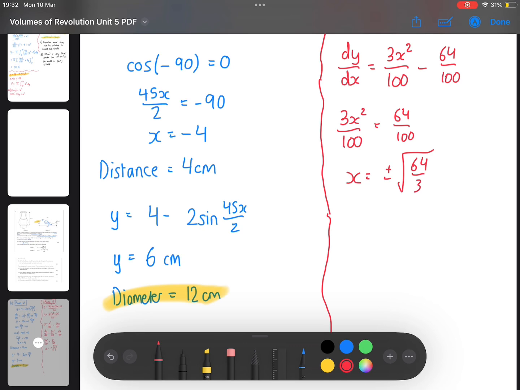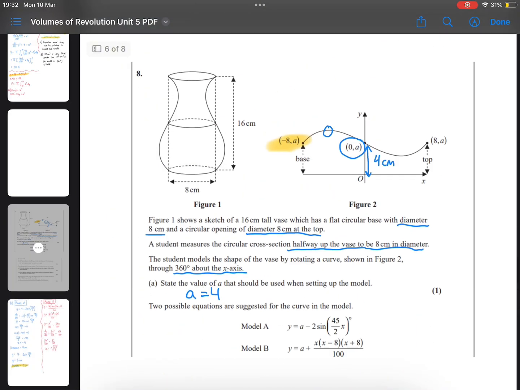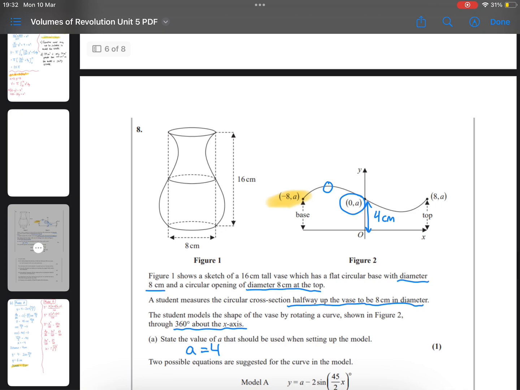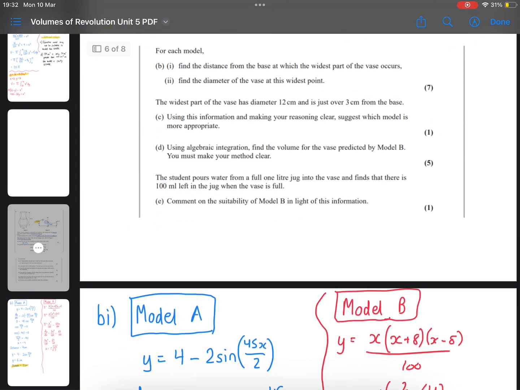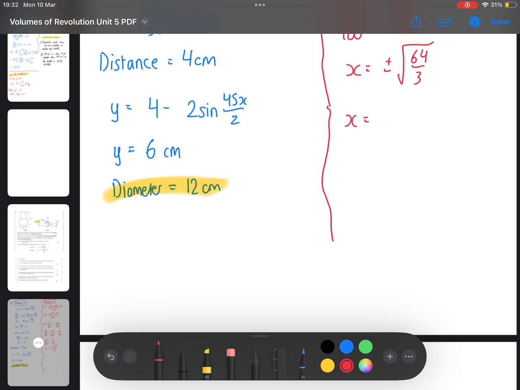And looking back to the diagram, the widest part of the vase is at a negative value of x, widest part from the base, where I've drawn that blue circle. And so we're interested in x being minus the square root of 64 over 3 in this case. And the distance from the base is going to be the distance from minus 8.